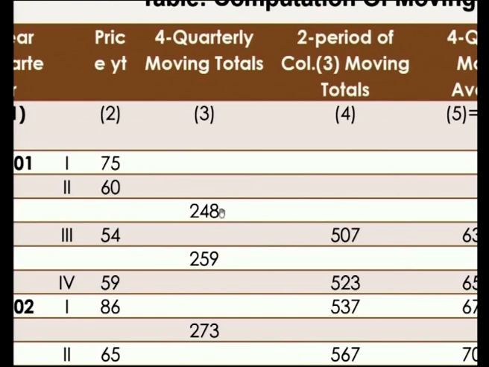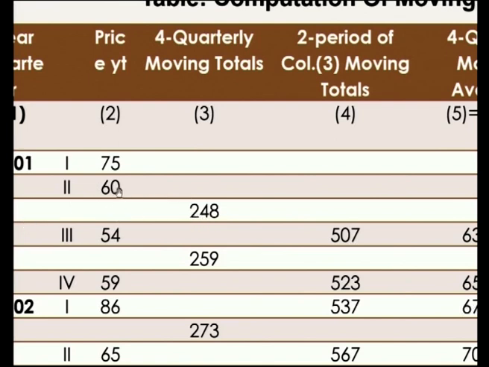Then we have to calculate quarterly moving averages. So 4 quarterly moving totals are calculated. When you add the first 4 values, the total has to be placed in between the second and third values, since there is no year corresponding to the total.